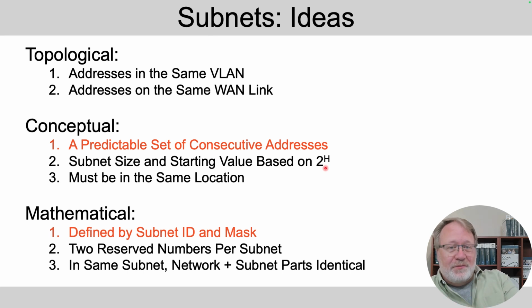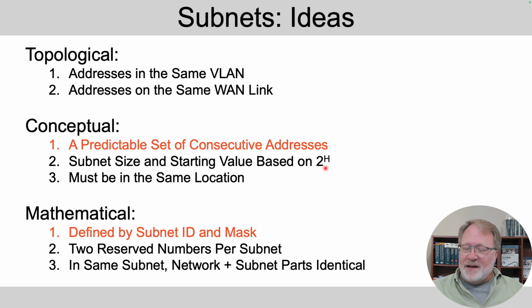We're not separated from each other by a router. That's another subnet over there. They're separated from us by at least 1 router, that kind of thing. Now, mathematically, you can define a subnet with its identifier, subnet ID, plus the mask. If you don't have both, you haven't fully identified and defined a subnet. You need both, subnet ID and mask.